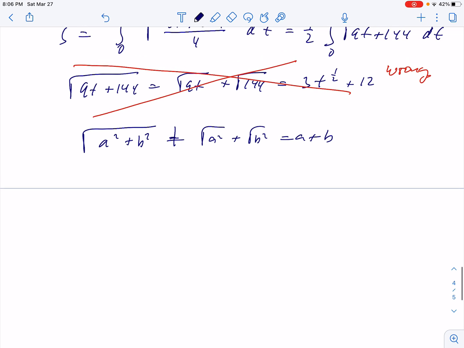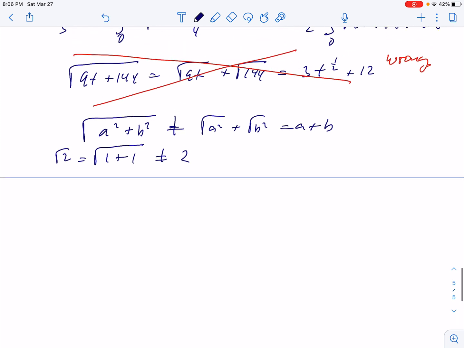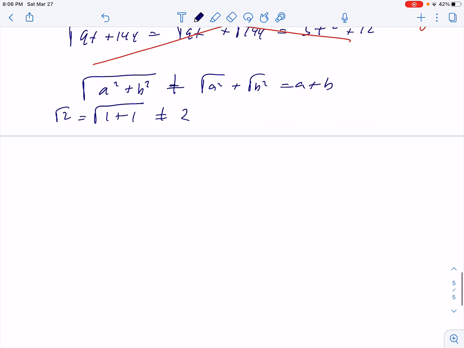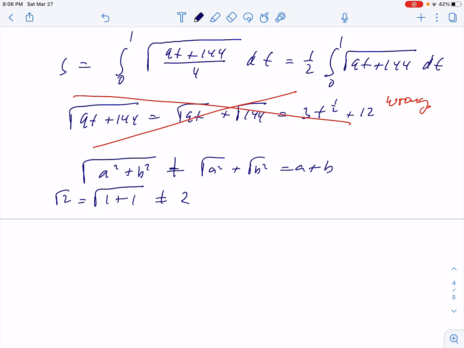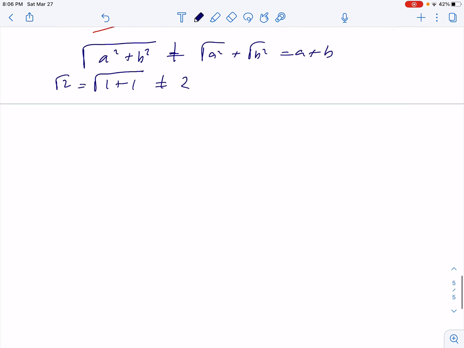It's very easy to understand that this is not correct. If you put 1 in the place of a and b, the square root of 1 plus 1 is different from the square root of 1 plus the square root of 1, which is 2. And on the left side you have the root of 2. So obviously these are two different things. Just to show you a typical mistake that happens sometimes, don't cut the radical like that.